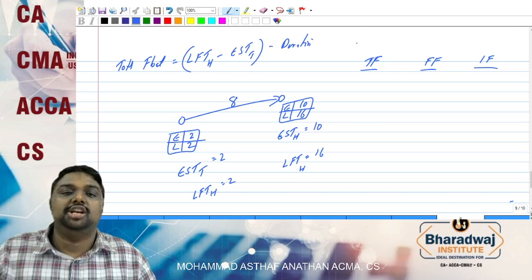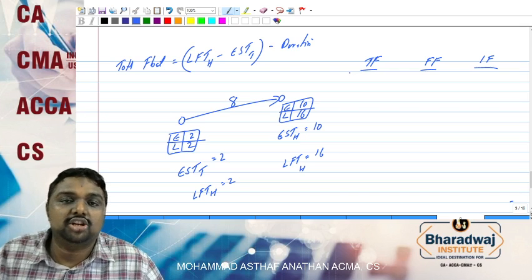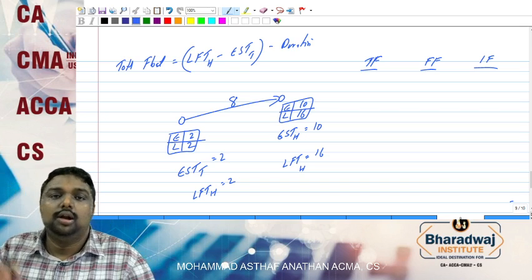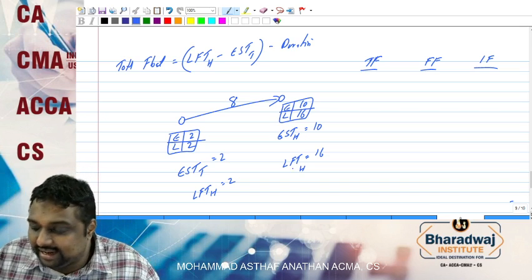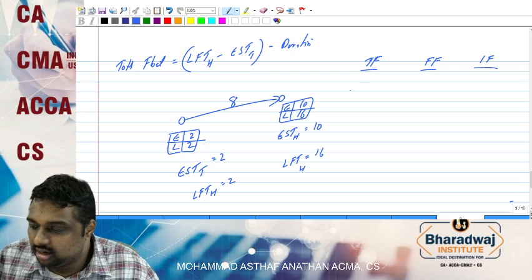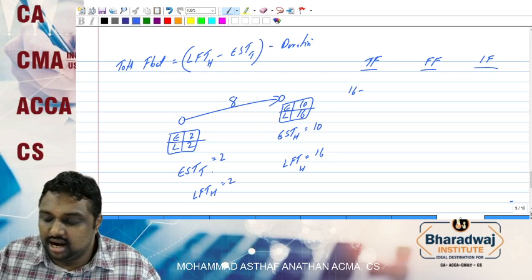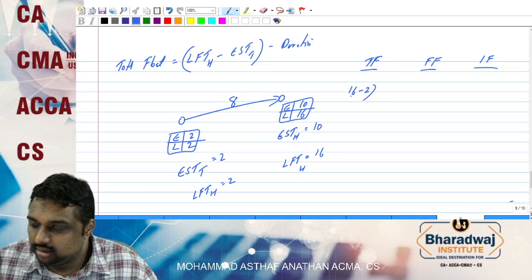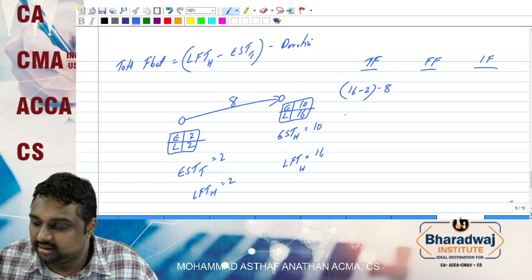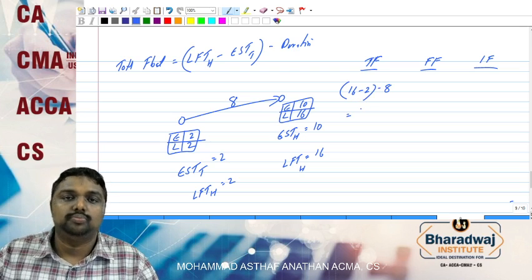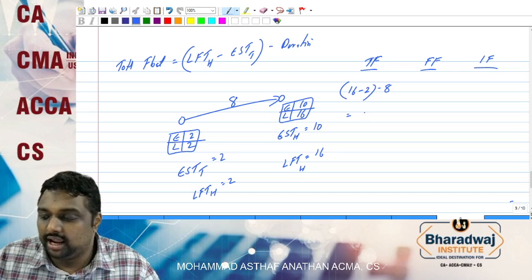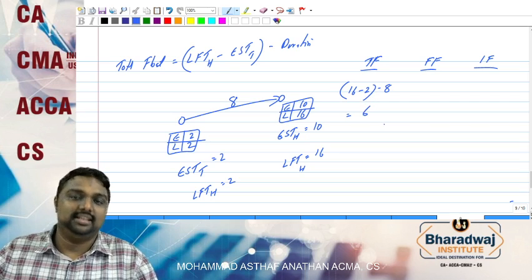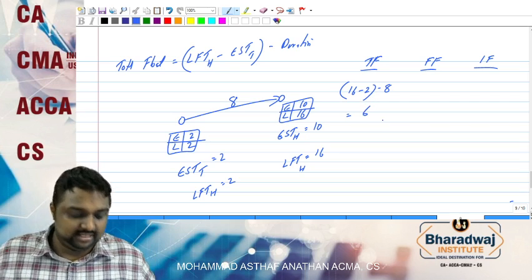Minus duration is common. This is the equation for total float. I will teach you the shortcut method also. Proper method I am telling you. So the latest finish time of head node is 16, so 16 minus the earliest start time of tail node, which is 2. So 14, minus duration 8, you get 6. So the answer here is 6. We have done the first one, that is 6.